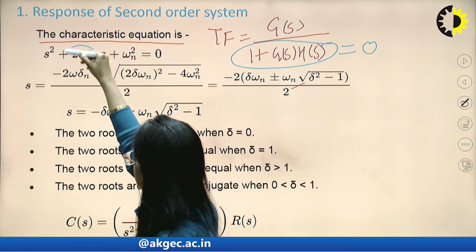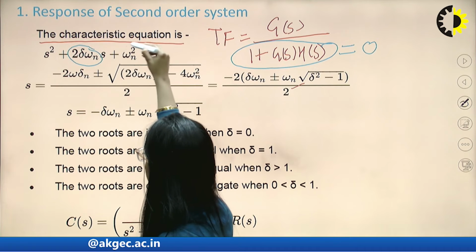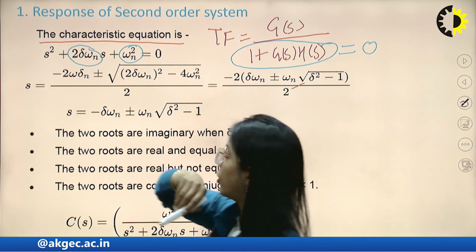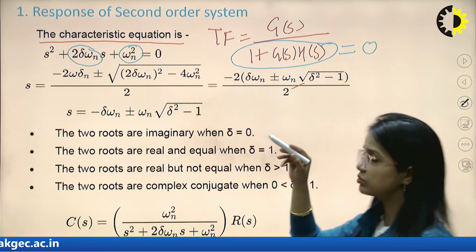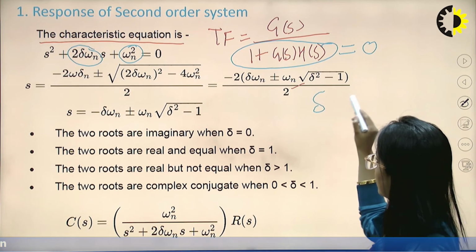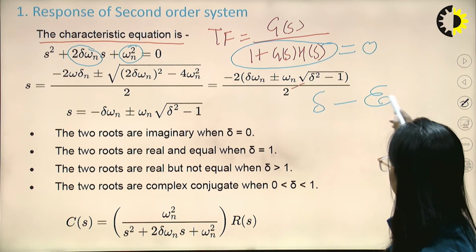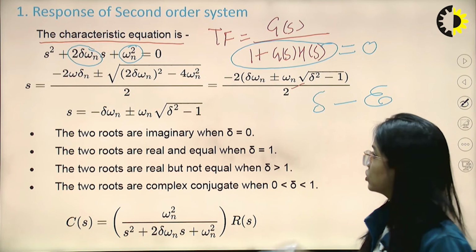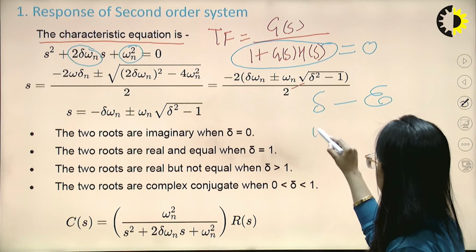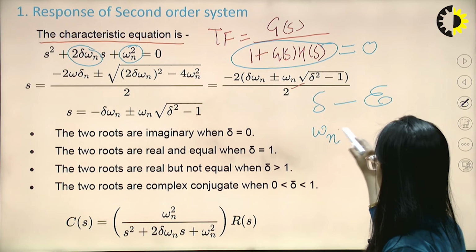So this is the coefficient, this is again the coefficient. Now we are able to see zeta. Sometimes in some books it is represented by this symbol also. So it is zeta, another is omega n.